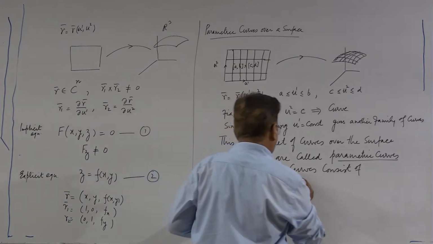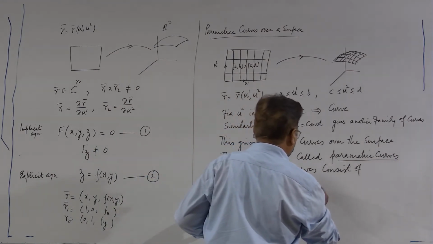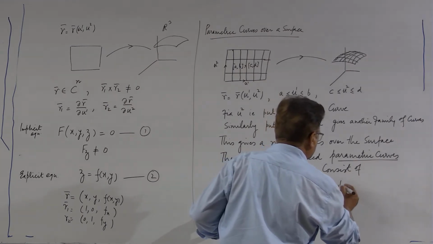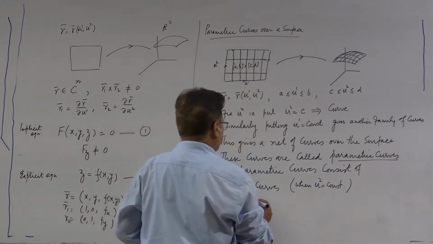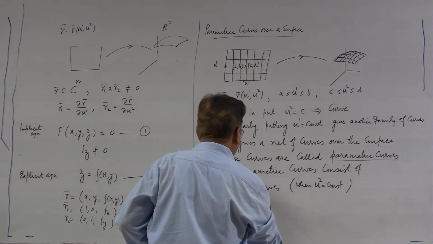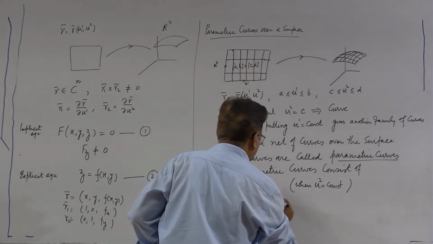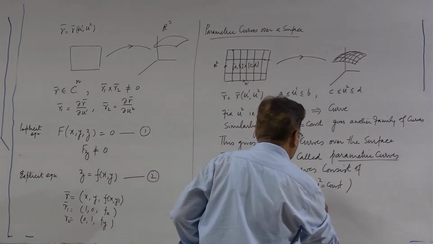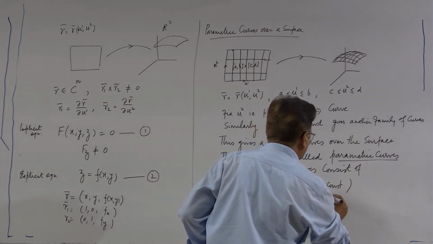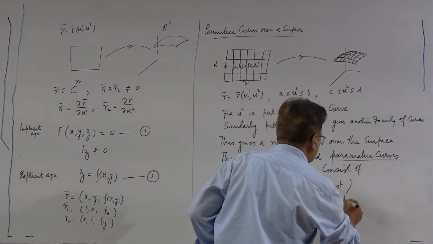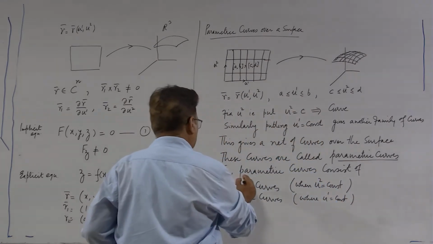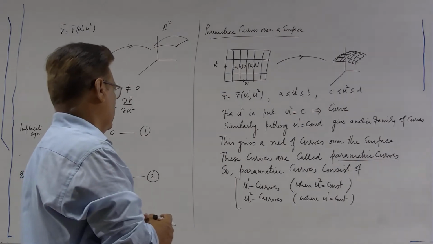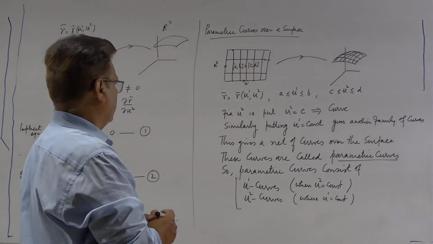This is the family when U2 is constant. Similarly, I will be calling U2 curves those where U1 equals constant. So, these two families together are known as parametric curves.